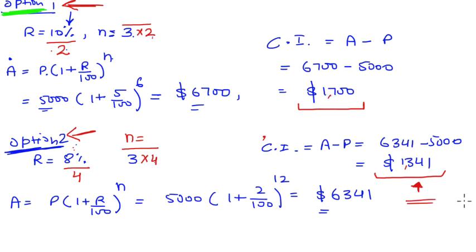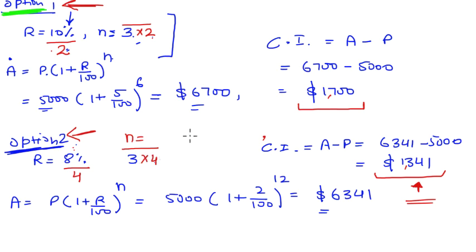But the key point is when you are calculating the compounding, you need to modify your parameters according to the compounding terms. In option 1, we were compounding biannually, hence we divided the annual rate by 2 and used the same factor to multiply with the number of years to calculate your total number of compounding periods, right?